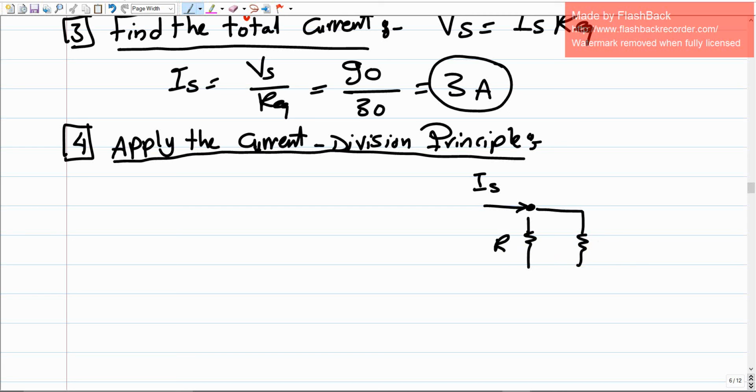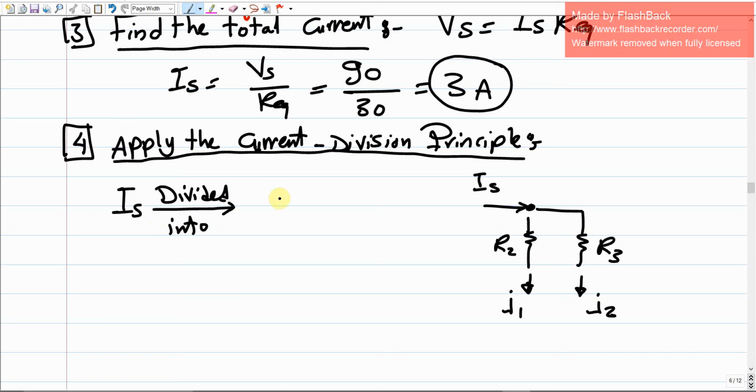Here we have R2 and here R3, and it has been divided into 2 currents, I1 and I2. So IS has been divided into I1 and I2. Let us just use uppercase.